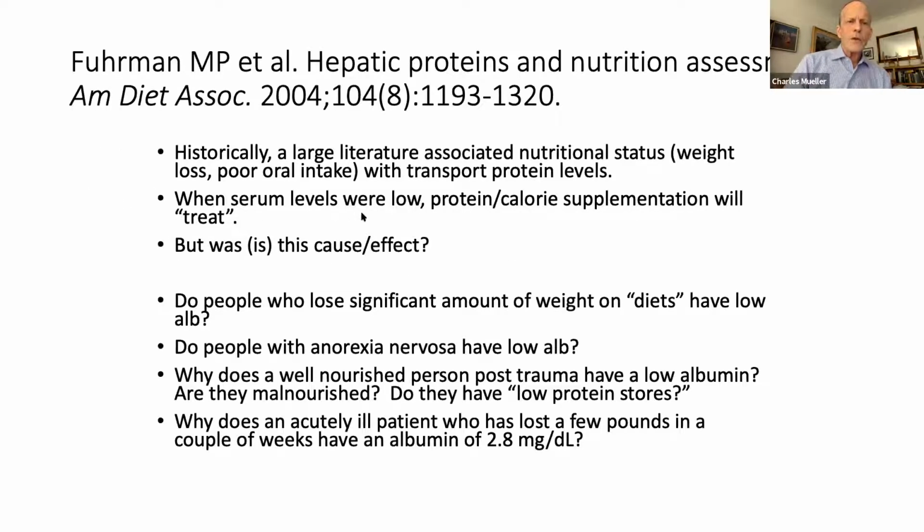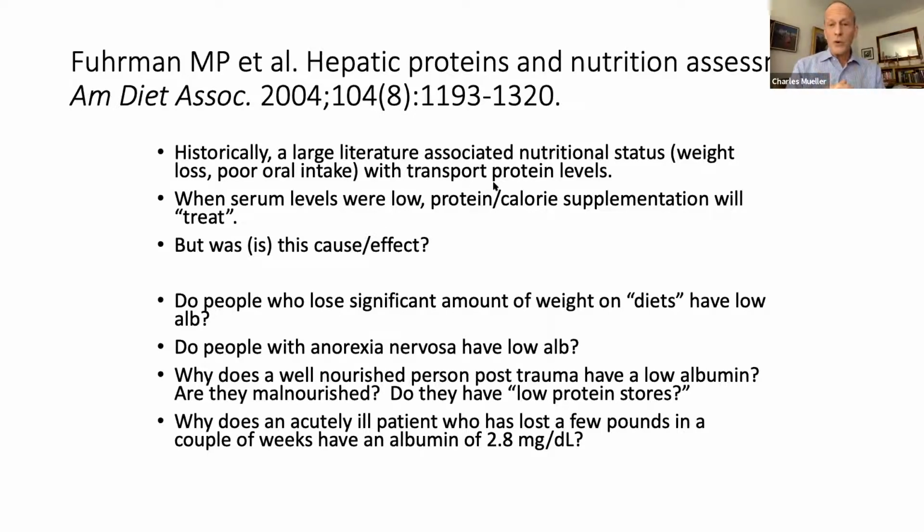We wrote a paper in 2004, some colleagues of mine, Patricia Furman and Pam Charney and myself. We really got sick of the transport proteins being linked to malnutrition or protein malnutrition alone. We found that historically a large literature associated nutritional status, that is to say, poor oral intake and weight loss, with transport protein levels.